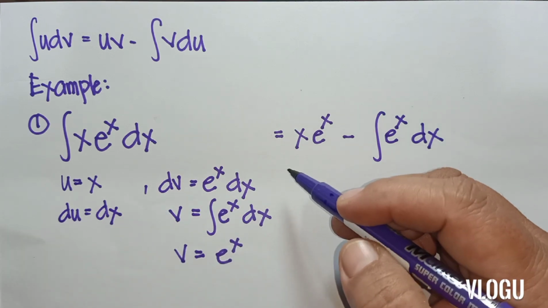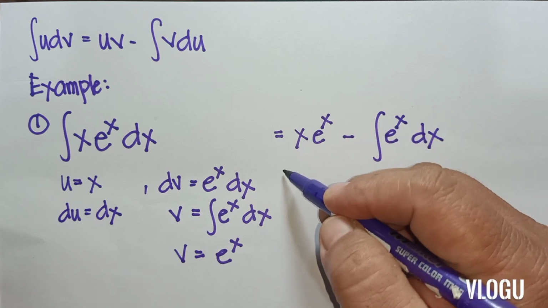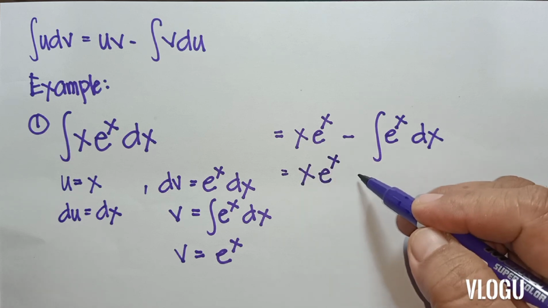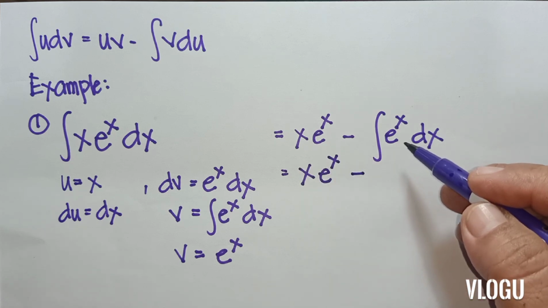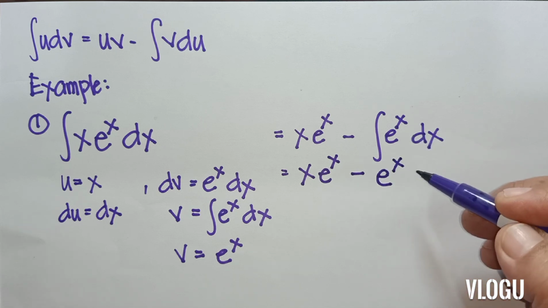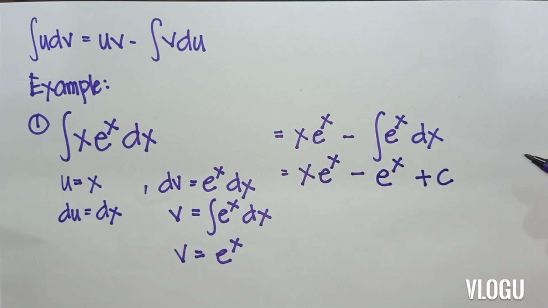So let's proceed. Therefore, you will have x e to the x minus the integral of e to the x, that is equal to e to the x plus c.